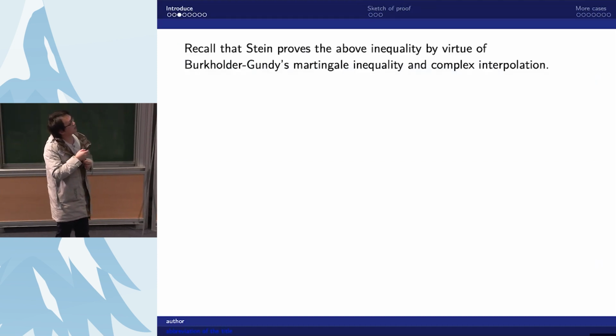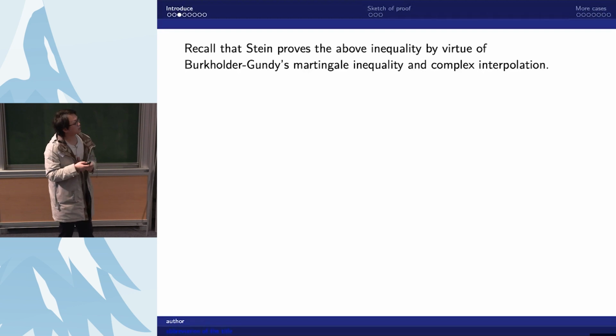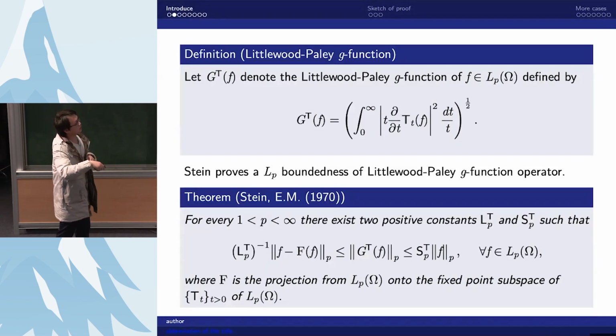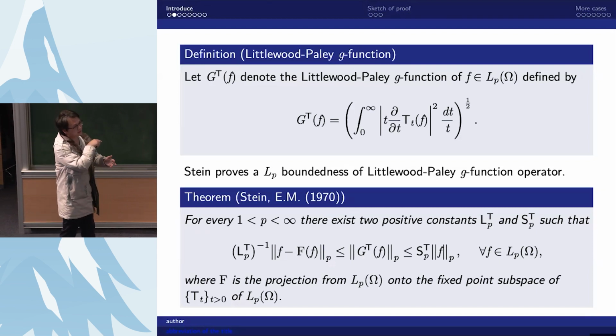Stein proves the above inequality by virtue of Burkholder-Gundy's martingale inequality, via Rota's dilation theorem and complex interpolation. He first shows the right-hand side, and then by duality he gets the left side.